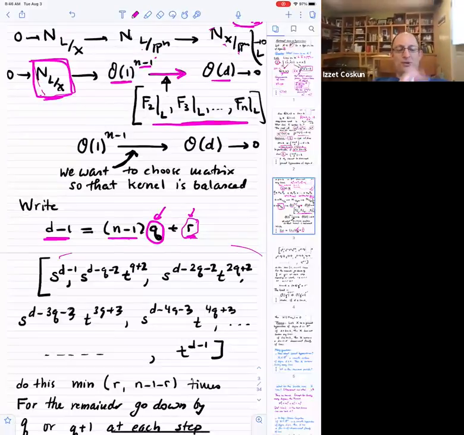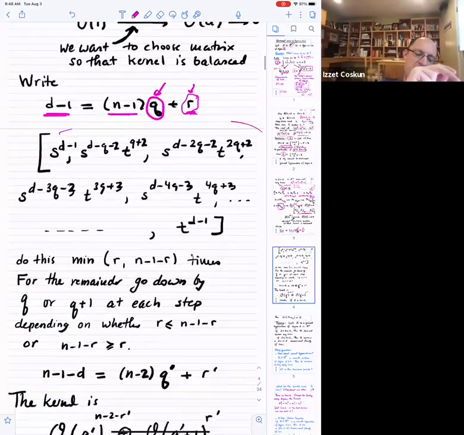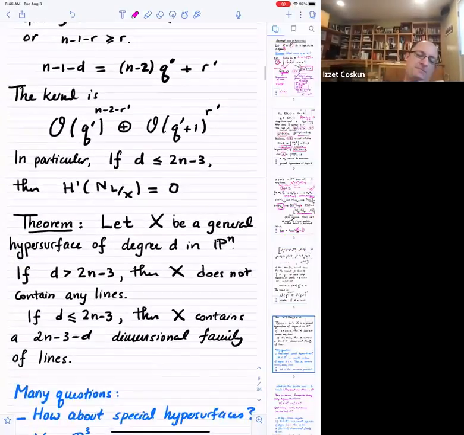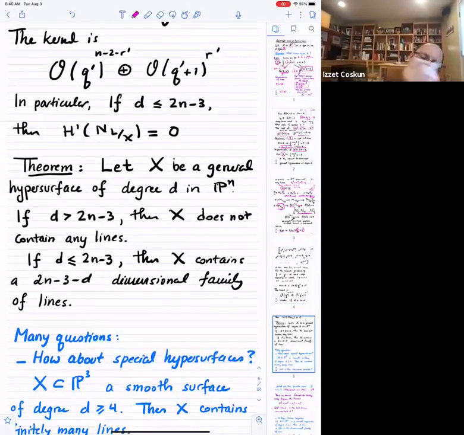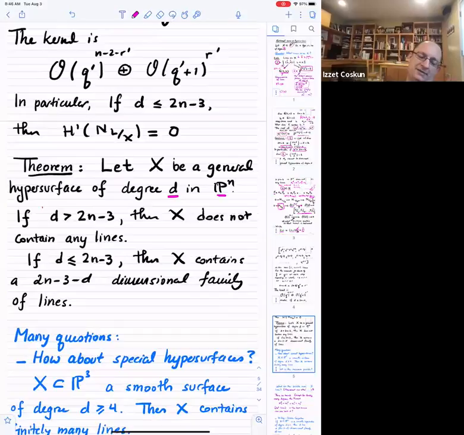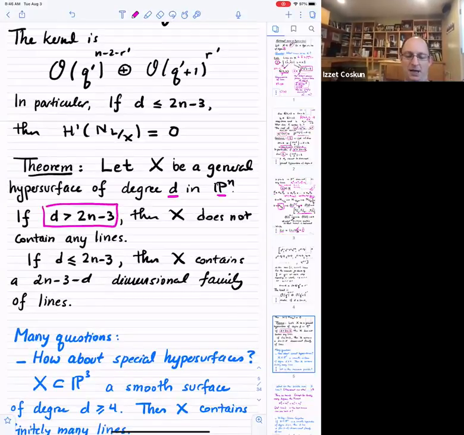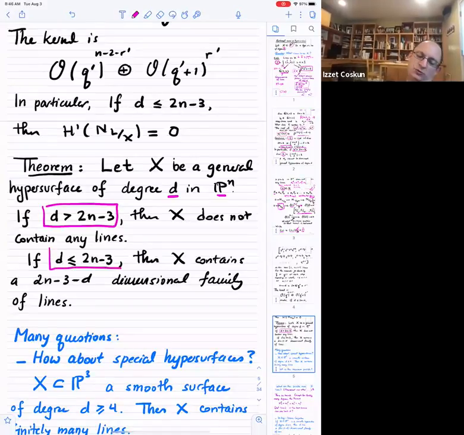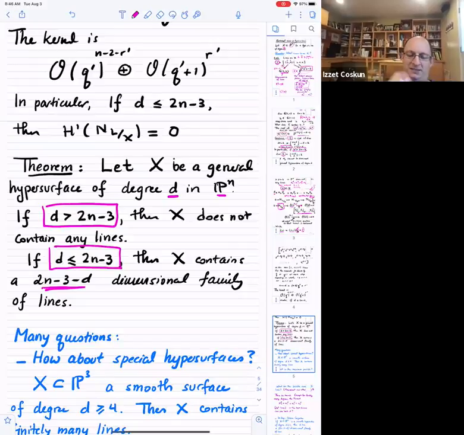Okay, that's some computation. You can do it for yourself. But what's the upshot? What we learn from this calculation is: if X is a general hypersurface of degree d in projective space, and if d is bigger than 2n minus 3, then X doesn't contain any lines. And if d is less than or equal to 2n minus 3, then it contains a (2n minus 3 minus d)-dimensional family of lines.